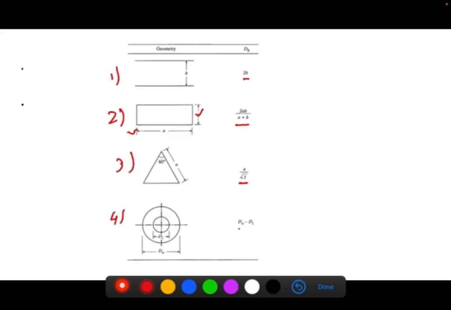Lastly, we have a concentric circle with outer diameter of D out and inner diameter of D in. Its hydraulic equivalent diameter is D out minus D in.